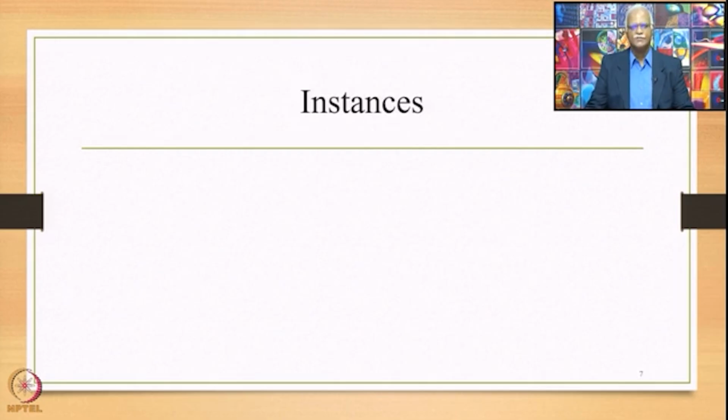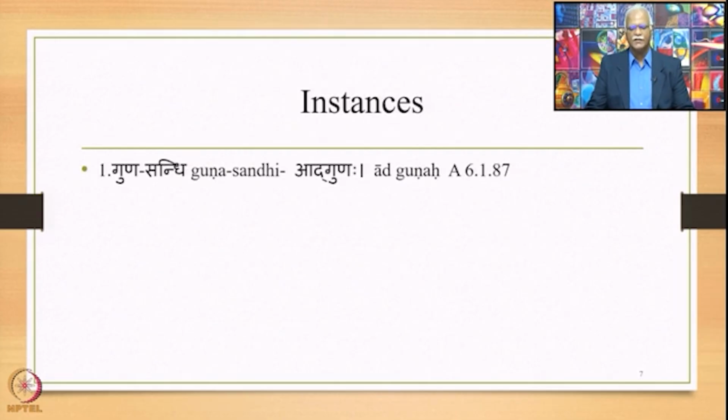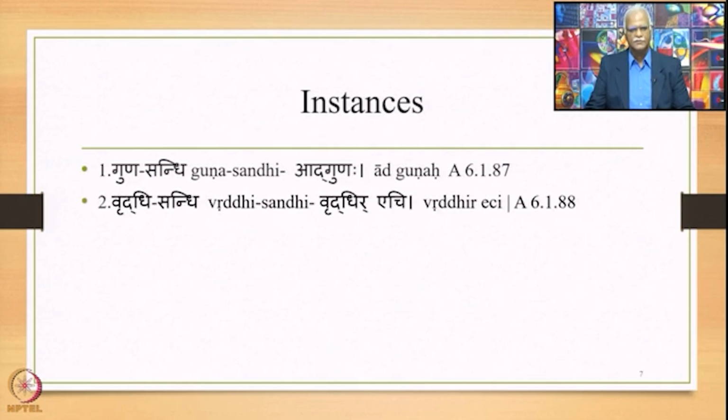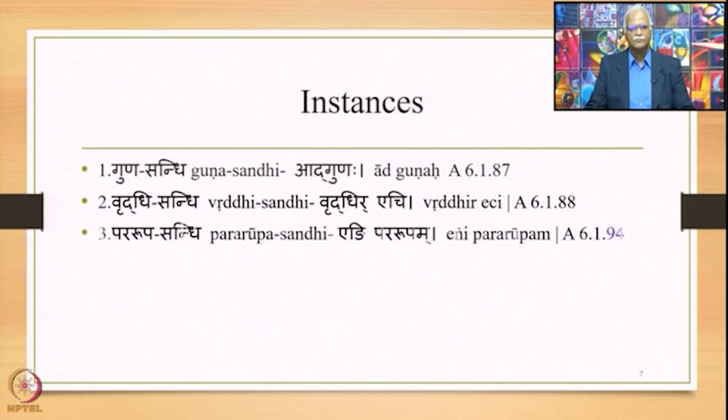There are 5 instances of Dvisthanika Ekadesha, namely Guna Sandhi stated by the Sutra Adgunaha 6.1.87, Vriddhi Sandhi stated by the Sutra Vriddhirechi onwards, Vriddhirechi is 6.1.88.